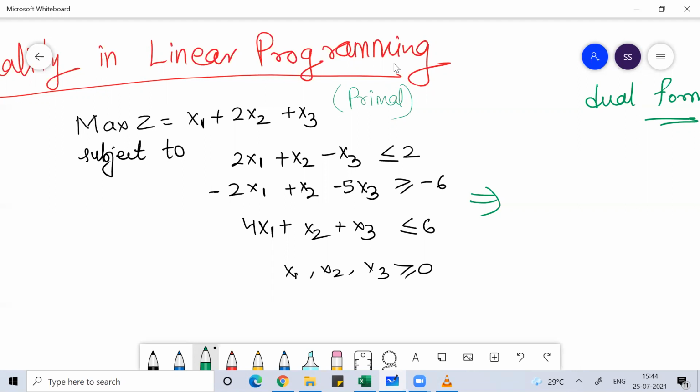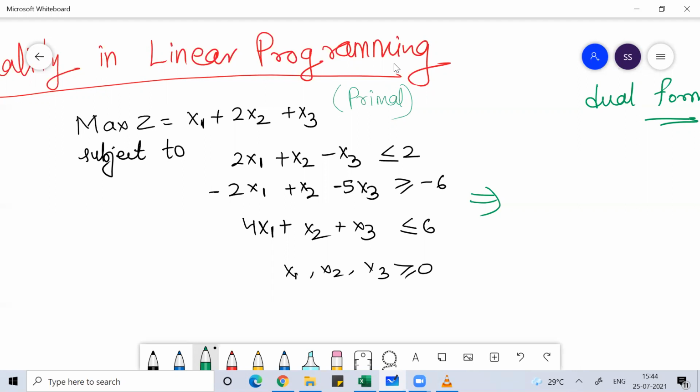So if you see a problem where you have very few decision variables and too many constraints, solving that problem would be a cumbersome job.